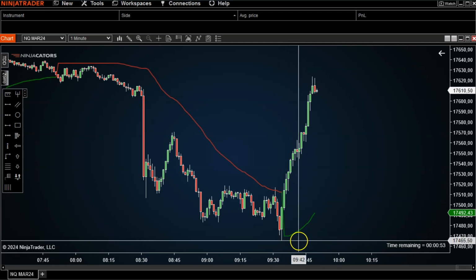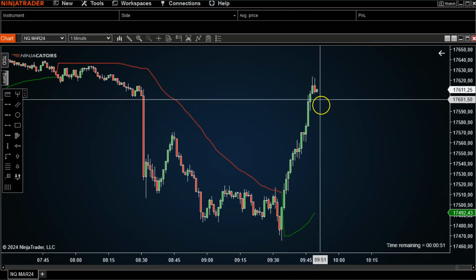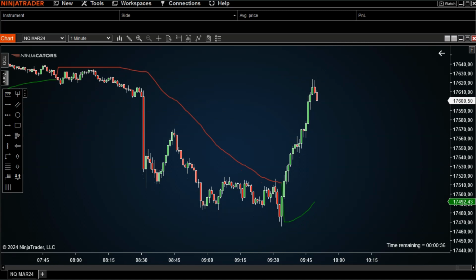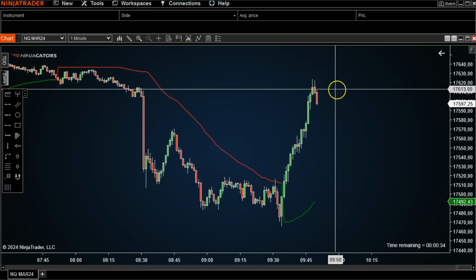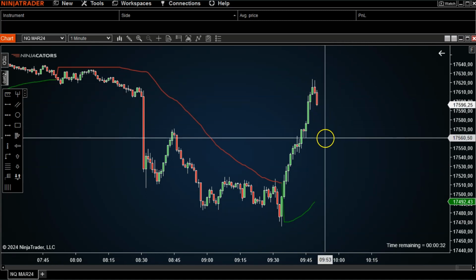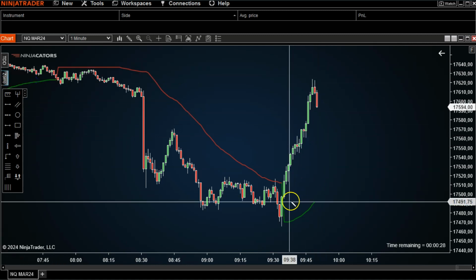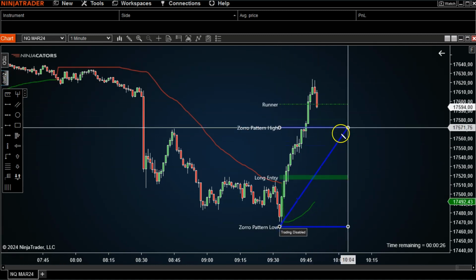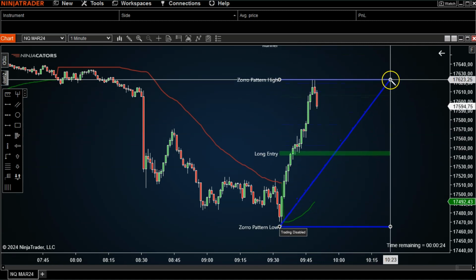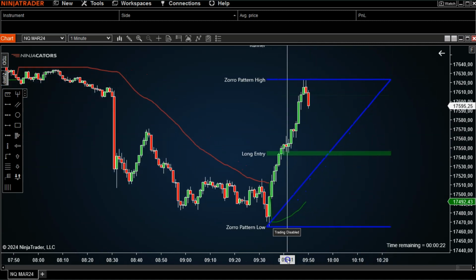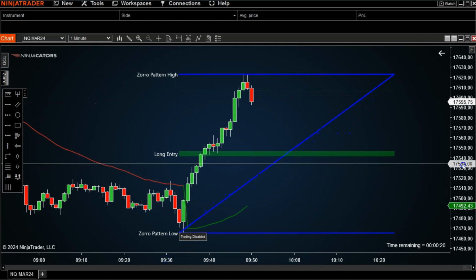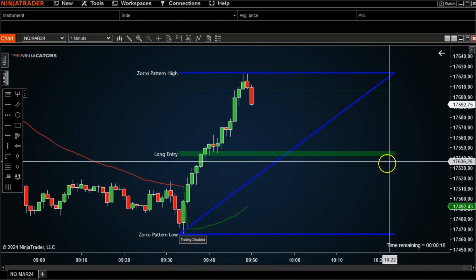The second component of the strategy requires that I wait for a pullback or a correction. In this case, with the trend detector being bullish, I want to see a pullback to the downside. And as soon as that occurs, I like to add what is called a Zorro pattern. It's basically just a Z-shaped pattern that automatically also creates an entry zone in the middle of the pattern.